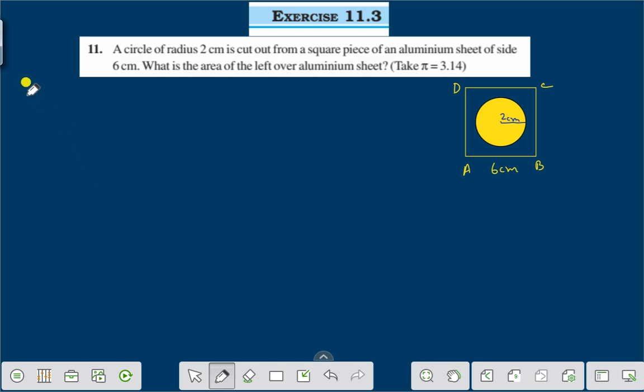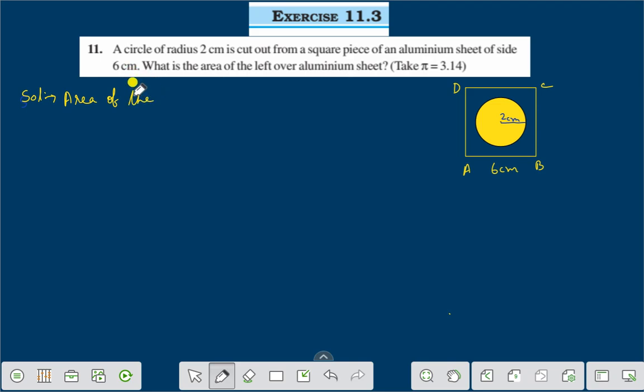Let us first find the area of the aluminum sheet.